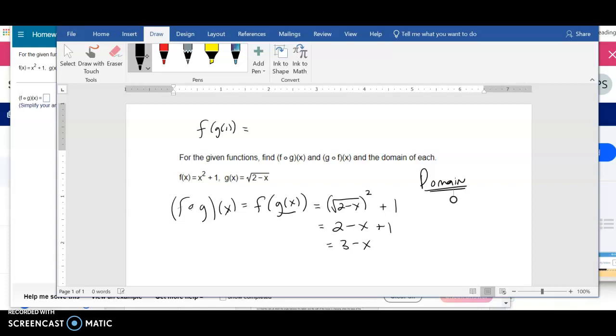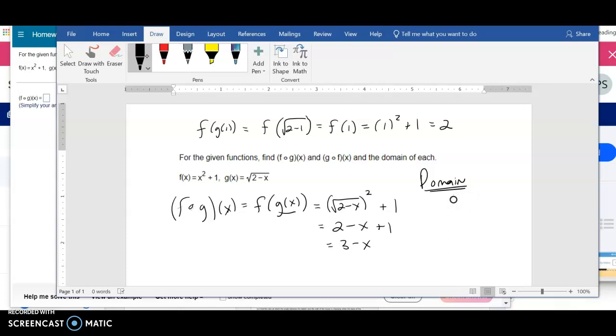That means I plug in 1 into g, so that's 2 minus x, and x is 1. 2 minus 1 is 1, square root of 1 is 1, so I end up doing f of 1, and that is 1 squared plus 1, and I end up with 2.